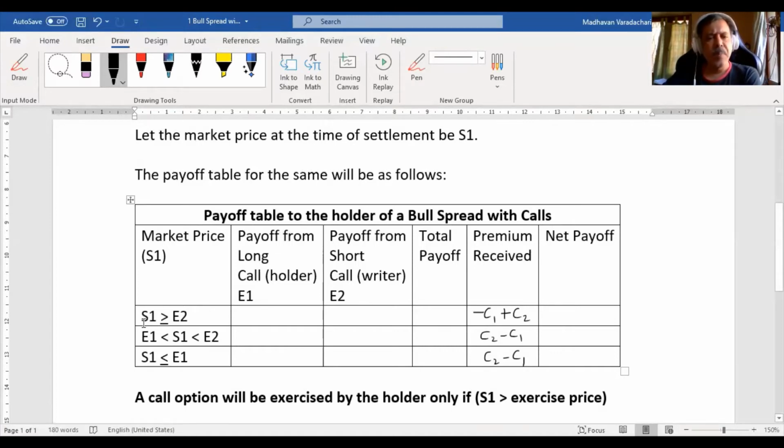So the market price is larger than the largest exercise price, which means it should be definitely larger than my exercise price, which is E1, because E1 is lesser than E2. So here definitely I will exercise the option. I will not leave it. So my payoff in this case will be S1 minus E1.